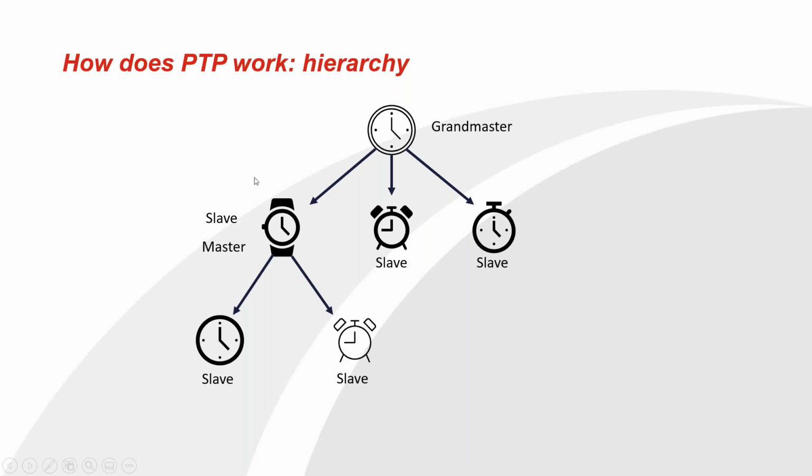And then the clock shown as a watch here has devices also connected to it that aren't connected directly to the grandmaster, so the watch also acts as a master to these two slave devices. So these three devices will synchronize to the grandmaster, and then these two will synchronize to this master, which is also synchronized.